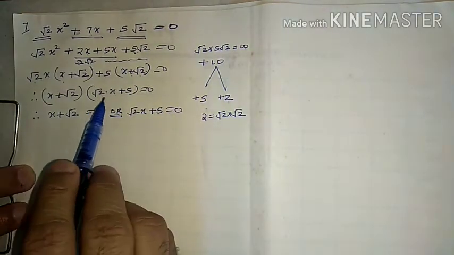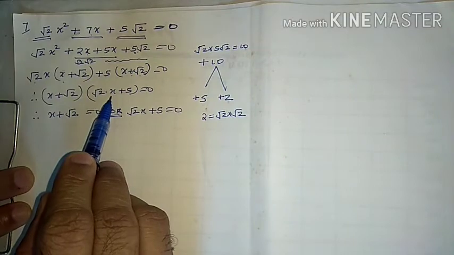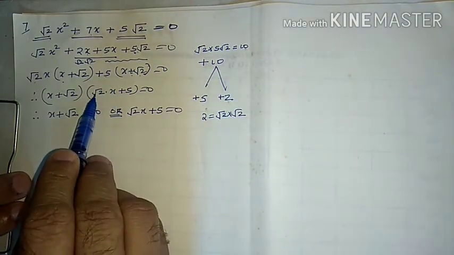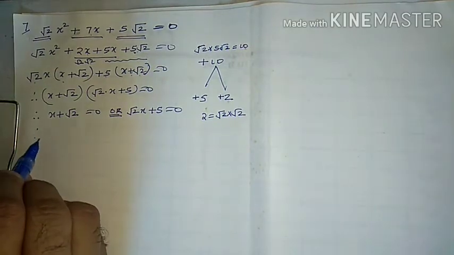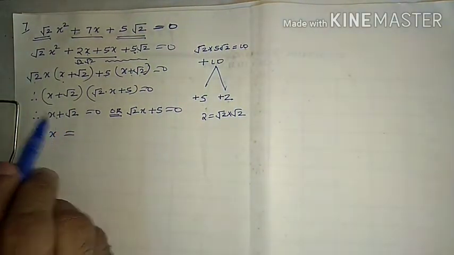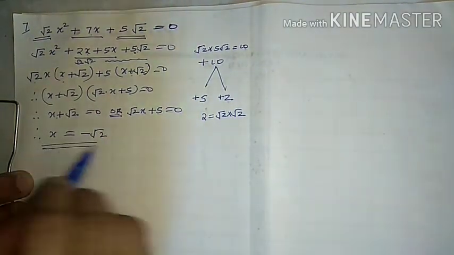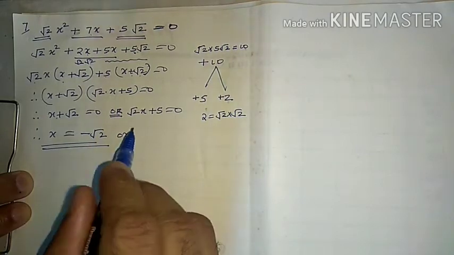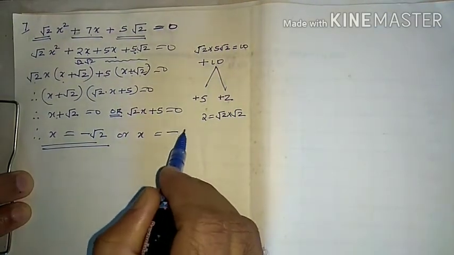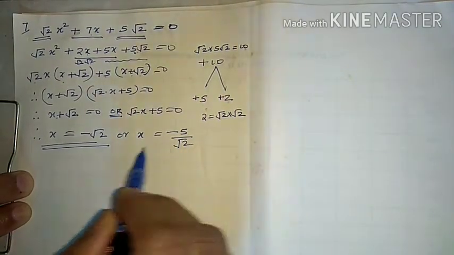Here you have to understand that the root sign is only for 2, not for x. You should not extend the root sign like this; it is only root 2 into x. So in the first, x is equal to minus root 2, taking plus root 2 to the right side as minus root 2. That is one answer. For the other, x is multiplied by root 2, so divide by root 2.